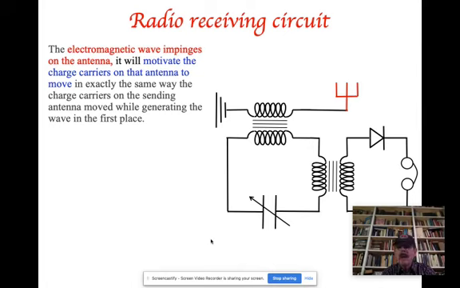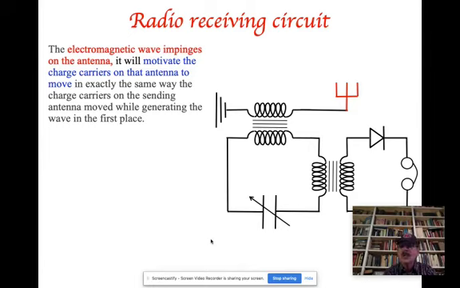And because your antenna is made out of metal, the charge carriers in the metal will respond to the electromagnetic wave. If the antenna is just a straight piece of metal, it will respond to the electric field component of the electromagnetic wave. If your antenna happens to be a loop, a circle of metal, it will respond to the magnetic field part of the electromagnetic wave.